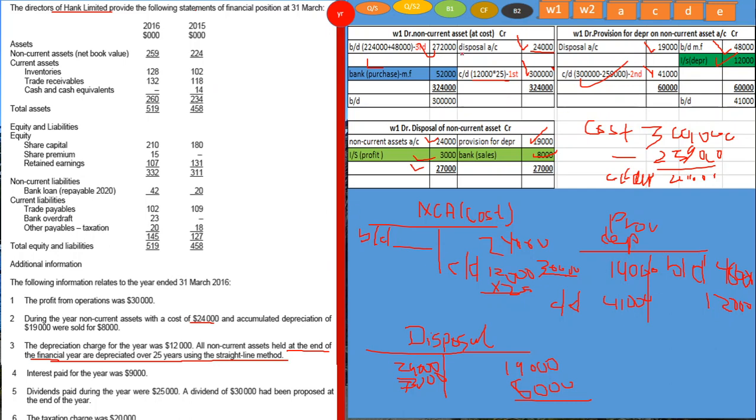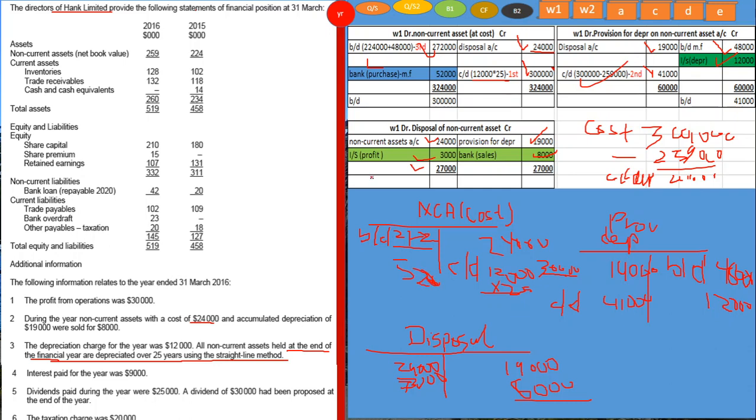So 224 plus 48, you get 272 here. Then you add this total and subtract 272 from it, and you get your missing figure as 52,000.